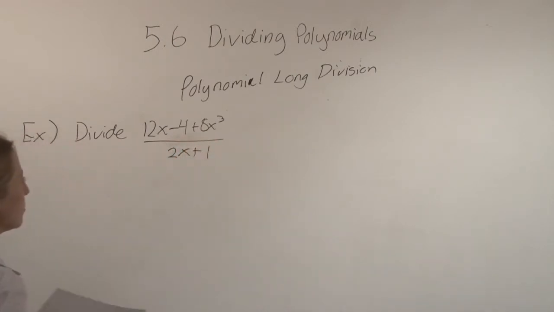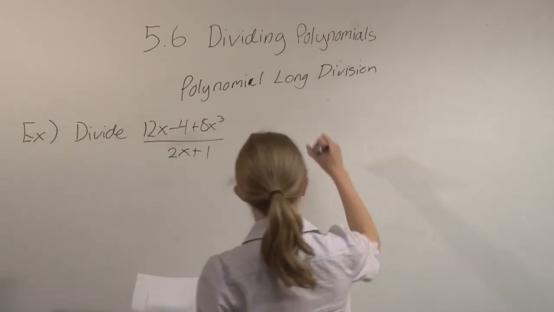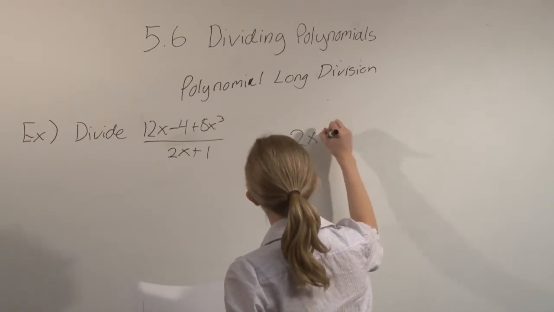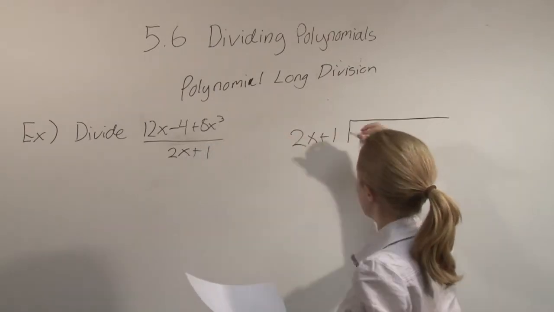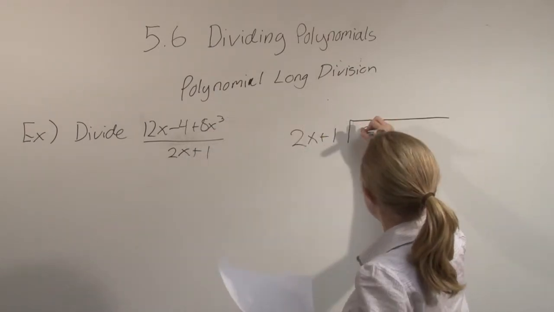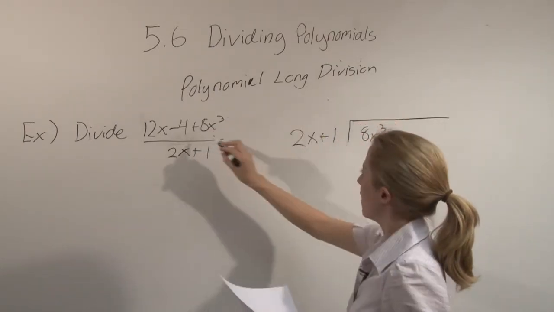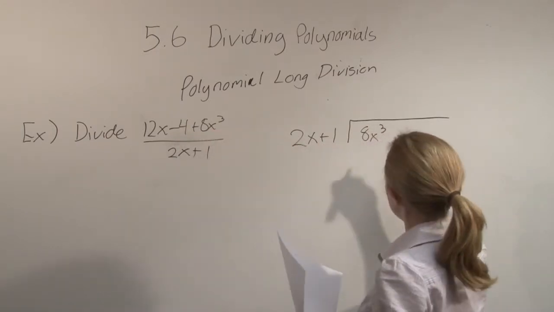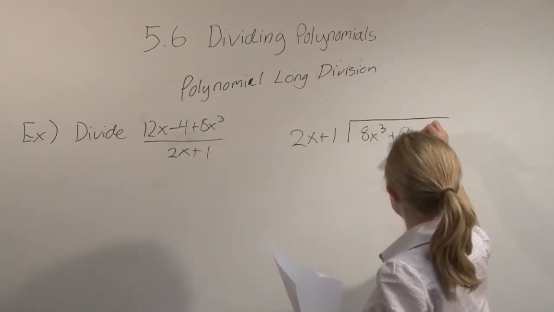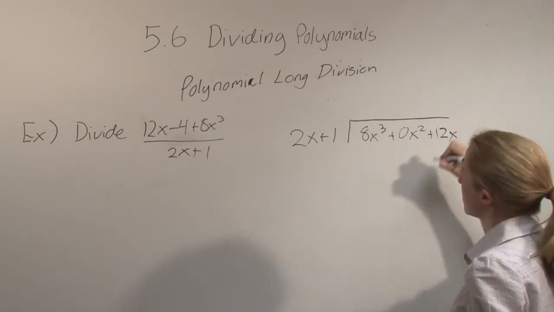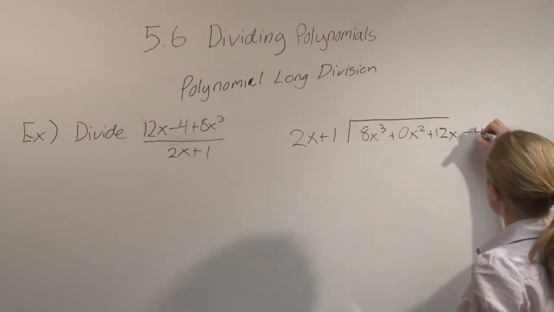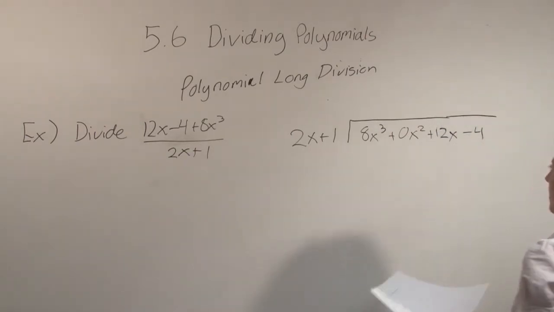So here's an example, and I am going to have to put these in order. So I have an 8x cubed. I don't have an x squared, so I'm going to put a 0x squared. I have a positive 12x and a minus 4. So this is going to be what I'm dividing.